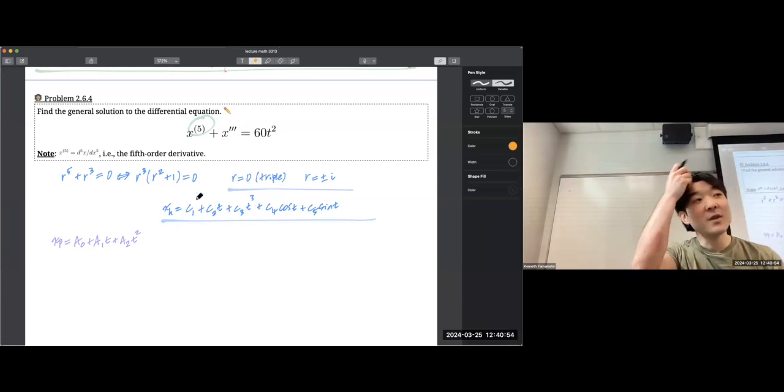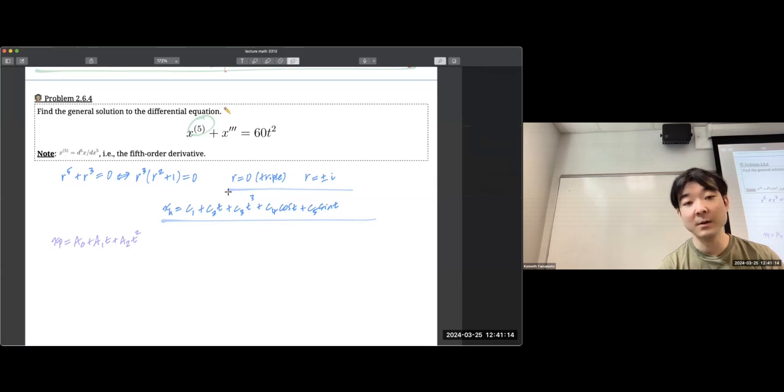You don't want to multiply more than necessary, but you do want to multiply enough to make them all distinct. So if you multiply once, you'll have t cubed, t squared, and t, but there's still a conflict. If you multiply again, you'll have t to the fourth, t to the third, t squared. Oh, sorry, this is supposed to be t squared in the homogeneous solution, sorry. That's probably what's confusing.